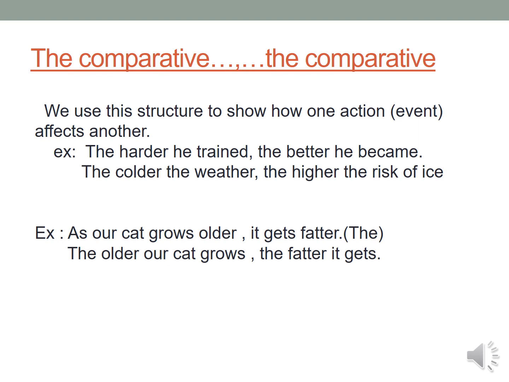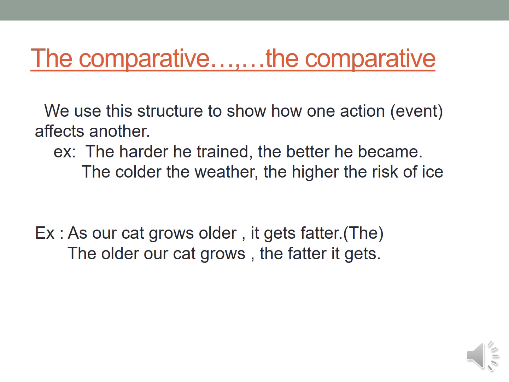We have here another example to make it clear. As our cat grows older, it gets fatter. And you are asked to use "the" between brackets. Where is the adverb here? We can see older and fatter. So we use "the" before them.